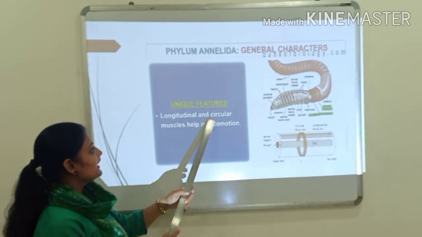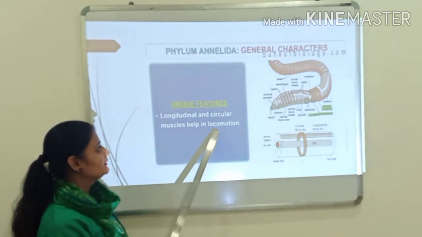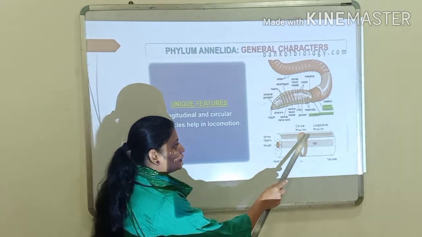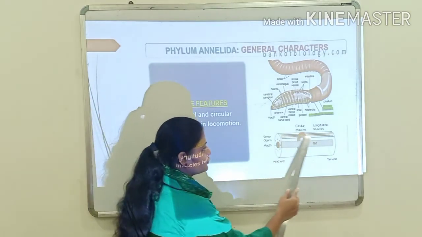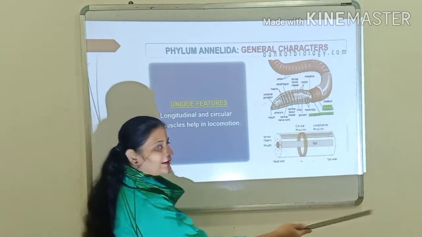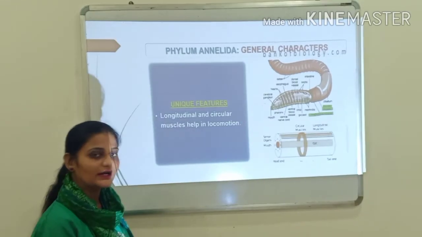Then longitudinal and circular muscles help in locomotion. Inside their body, the circular muscles are there as well as the longitudinal muscles, because of that, the organisms can move from one place to another place.